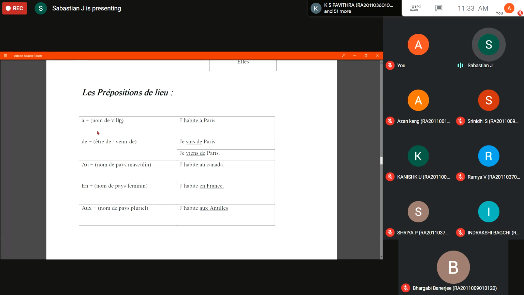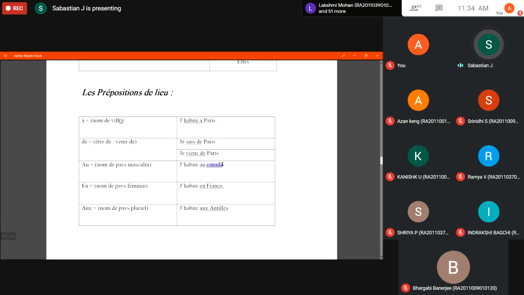This one I've already mentioned. Again, I'm repeating, and there will be exercises for your exams too. Préposition de lieu. The second one, this I will describe later at the end, with aux. So au is used for masculine countries. Since we have done nationalities and countries, by now you should know how to find out a masculine and a feminine country.